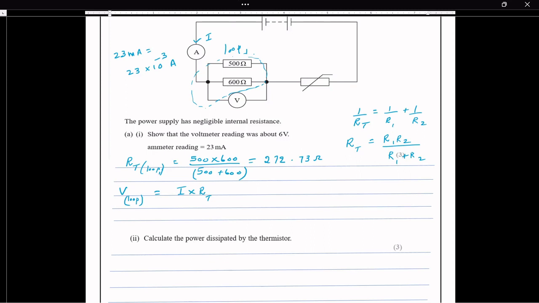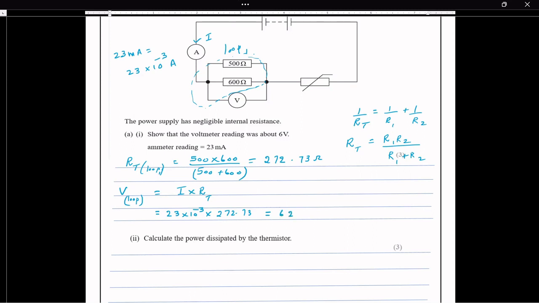So the voltage is 23 times 10 to the power of negative 3 times the total resistance, 272.73.